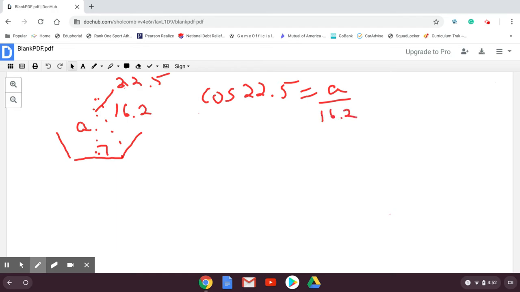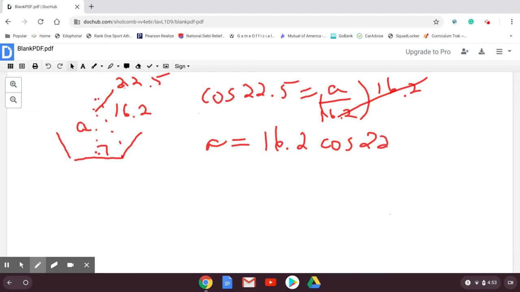All right, so I now have my cosine calculation. I'm going to multiply both sides by 16.2, and basically my apothem is equal to 16.2 cosine of 22.5 degrees.